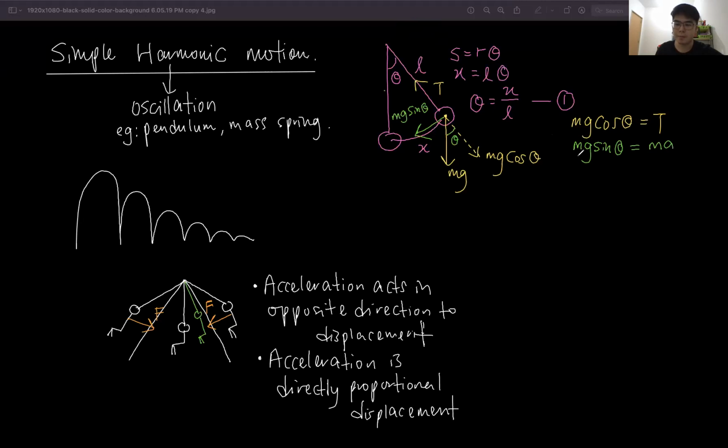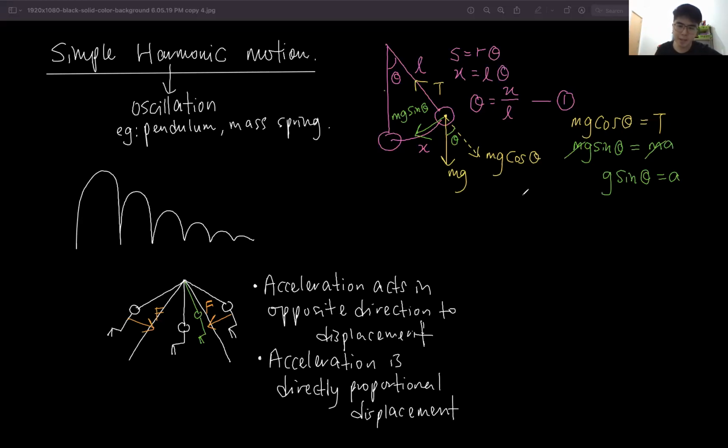Net force equals ma. So cross out the m, I have g sin theta equals acceleration. From here, we use the small angle approximation.